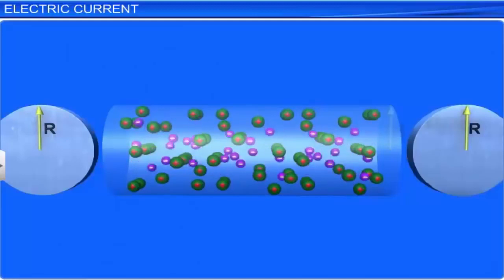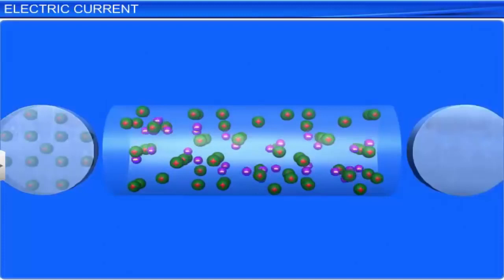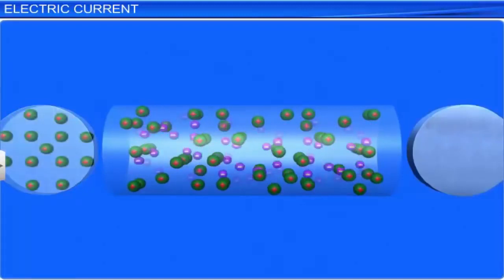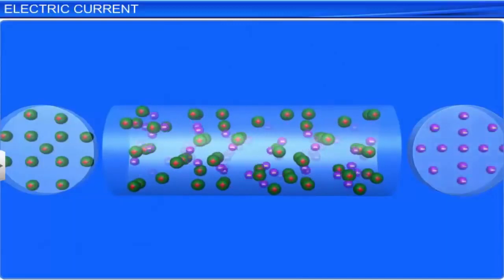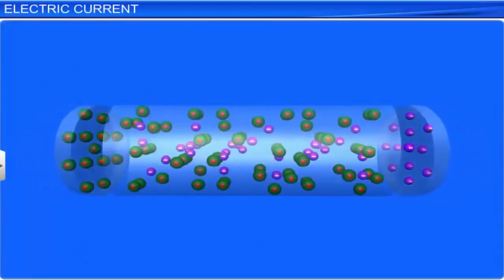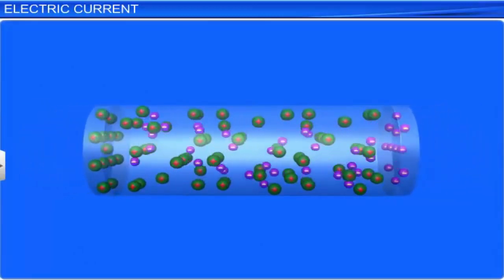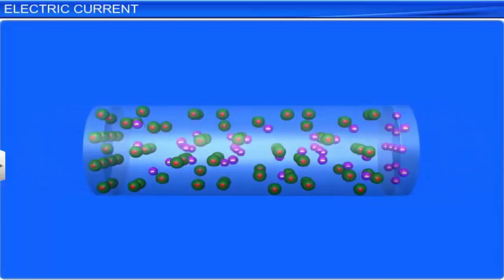There are q number of positive charges distributed across one of the discs and q number of negative charges distributed across the other disc. These two discs are attached to the two flat surfaces of the cylinder, creating an electric field which is directed from the positively charged disc to the negatively charged disc.